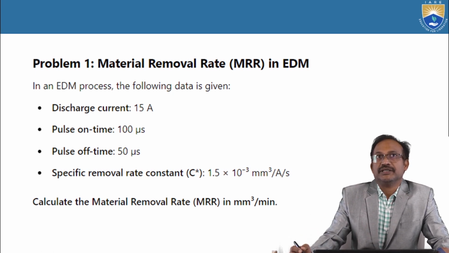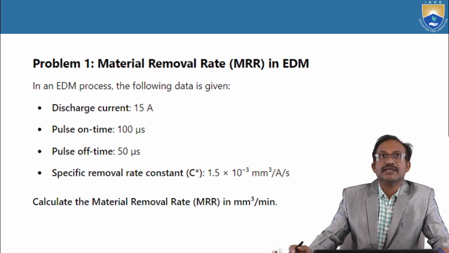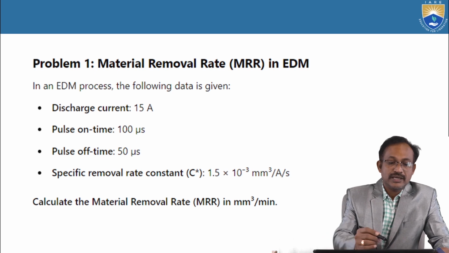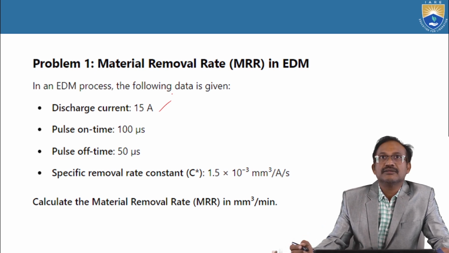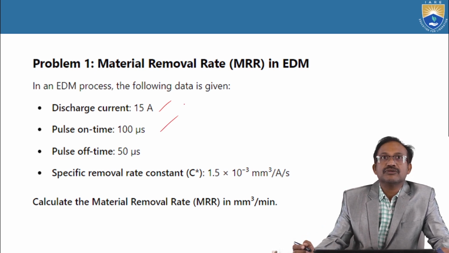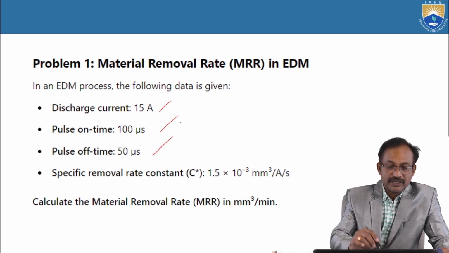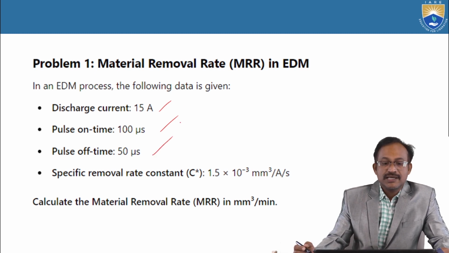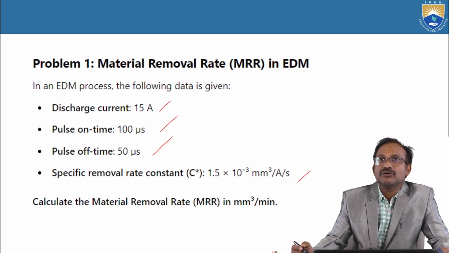electro discharge machining. In an EDM, EDM stands for electro discharge machining. In the first problem, the following data is given: discharge current 15 amperes, pulse on time 100 microseconds, pulse off time 50 microseconds, specific removal rate 1.5 × 10^-3 mm³ per ampere per second.